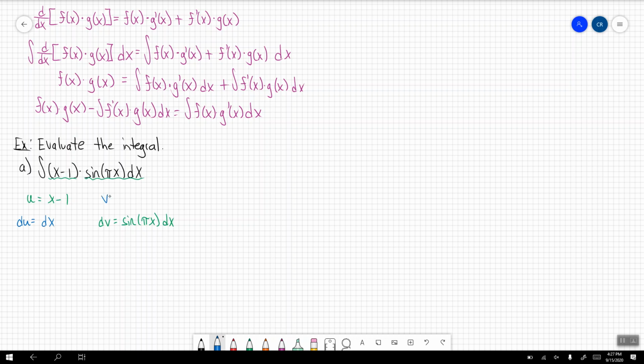In order to find that, we basically integrate sine of pi x, which means we'll be left with negative 1 over pi times cosine of pi times x. Now again, once we chose that dv, we would have to integrate, or in this case, find the antiderivative.